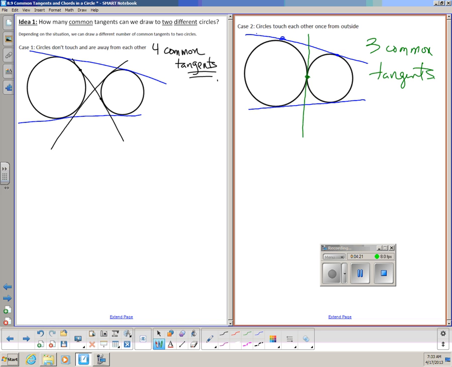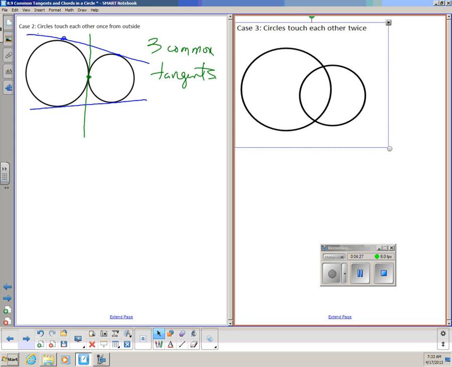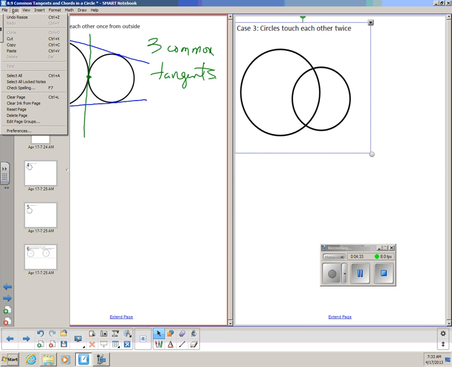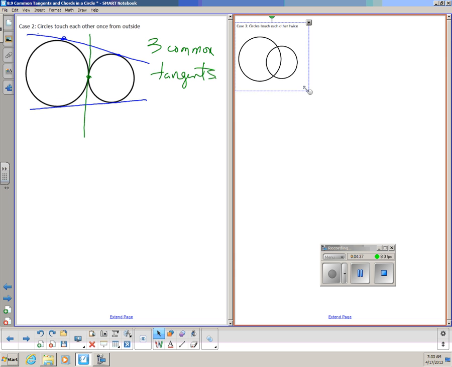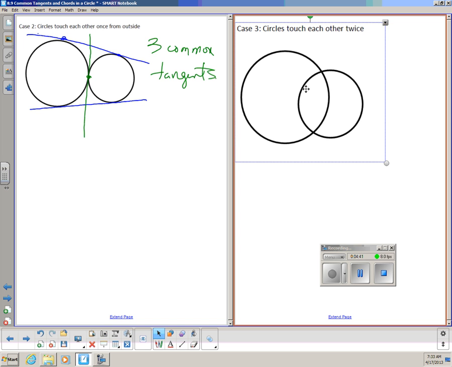All right, next situation is where we have the circles touch each other twice. Okay, let's try this again. Perfect. Okay, so circles touch each other twice. Well, I could still draw those blue tangent lines.